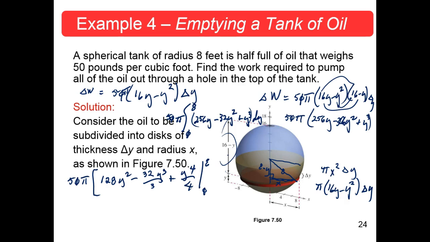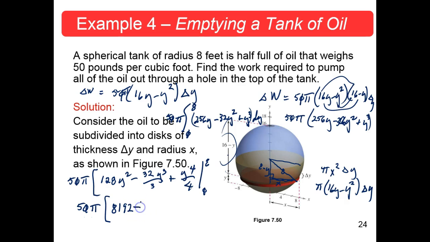Alright. Now, the 0 part is easy. I'll do that part. So the other part is 50 pi, and you tell me what that is. Oh boy. Get a calculator. I don't want to do that in my head. 128 times 64. Someone do something. A little louder. 8,192.